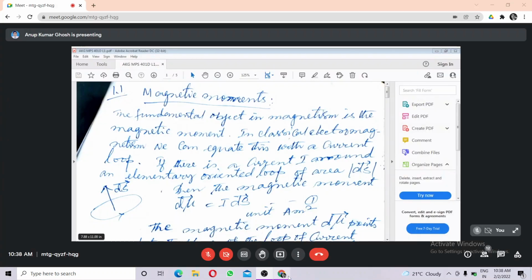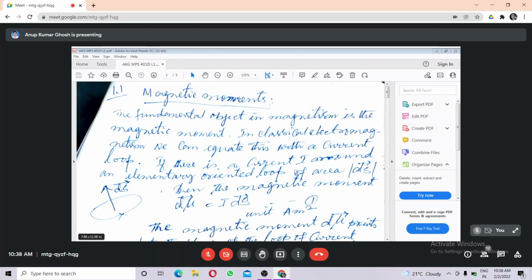For the time being, we will consider the magnetic moment as the basic entity for which magnetic property or magnetic interaction takes place. So interaction of different magnetic moments in different orientation and different state. The fundamental object in magnetism is the magnetic moment.